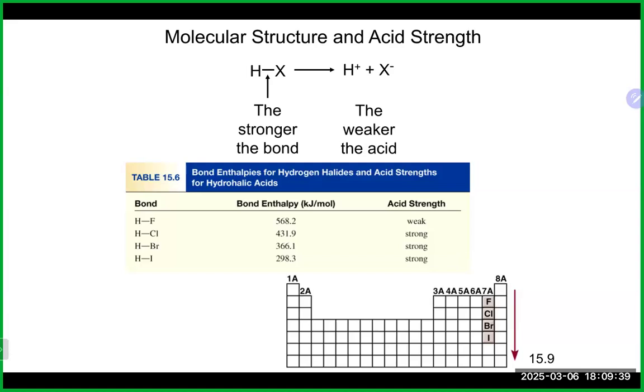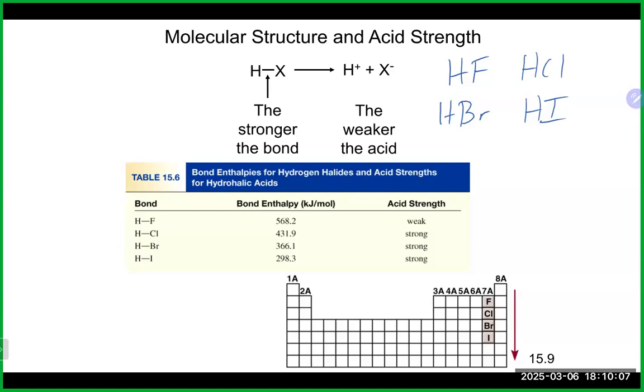You may think that the overwhelming thing you should look at is electronegativity. A lot of our acids that do not have oxygen are in group 7, like our HF or HCl or HBr, our HI. And you may think that maybe it's electronegativity that's really the overwhelming thing we want to look at.